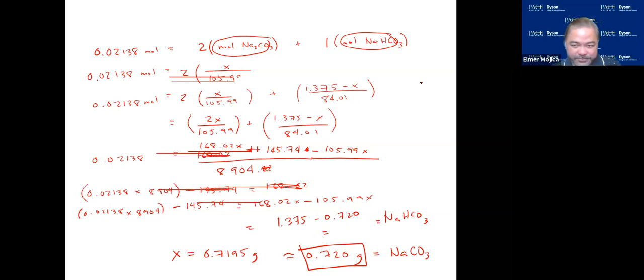Anyone? So that you can have your quiz grade. So 0.655. So those are the values of the components that you have when you do the double indicator titration analysis. Although this is not in what we call the second exam.